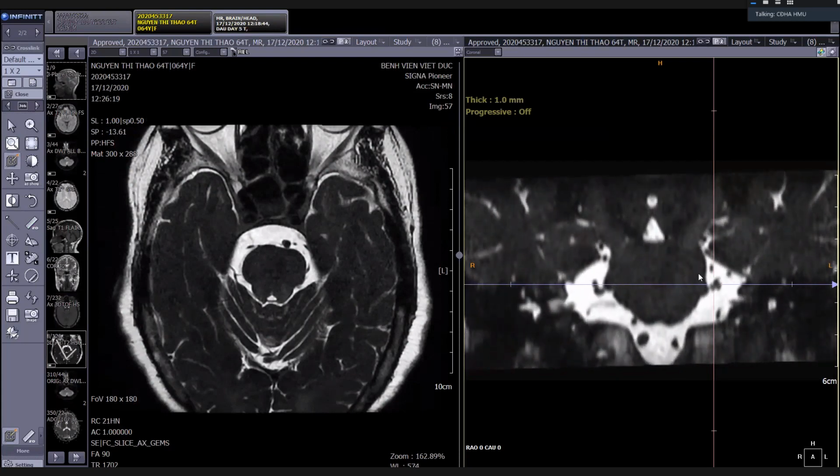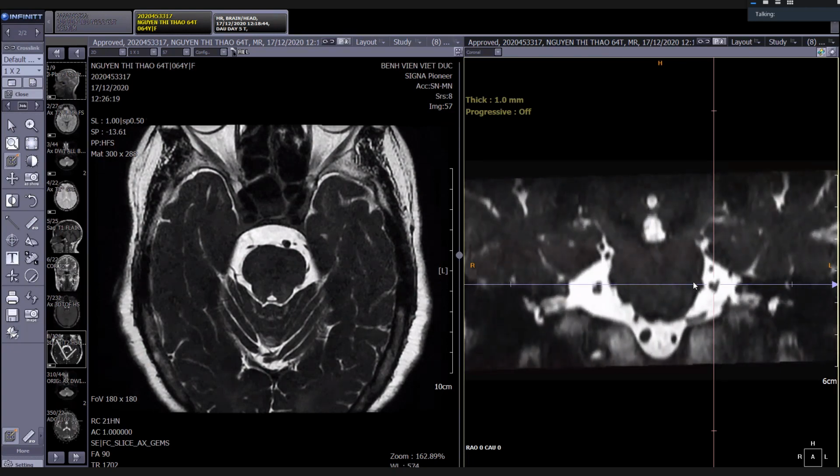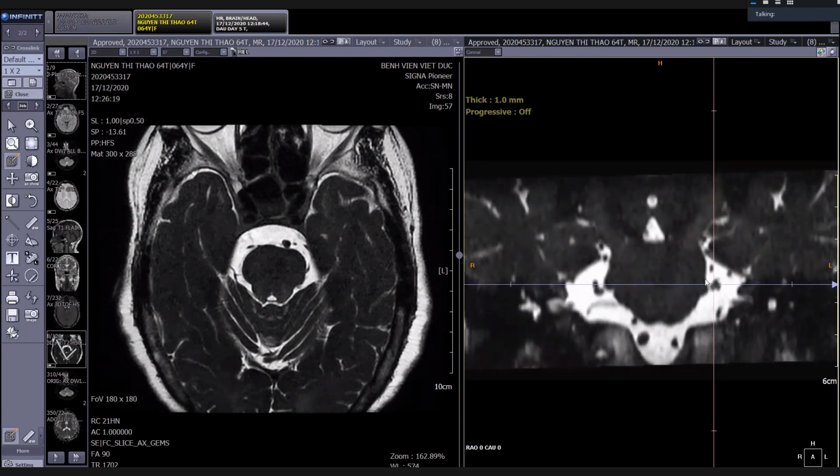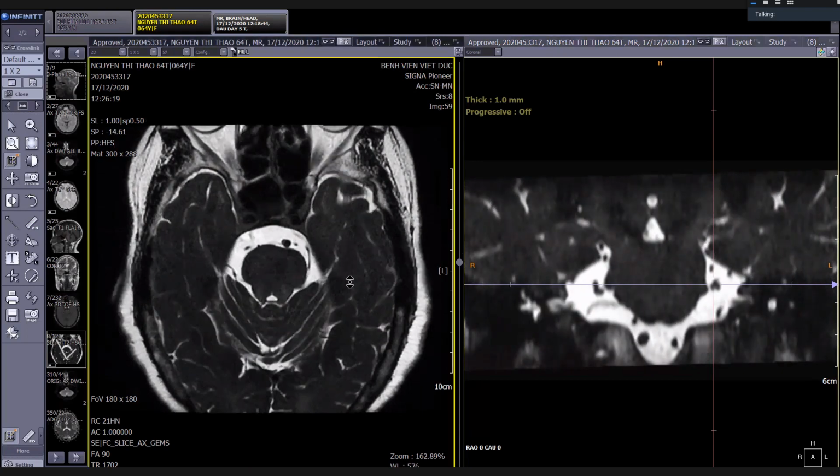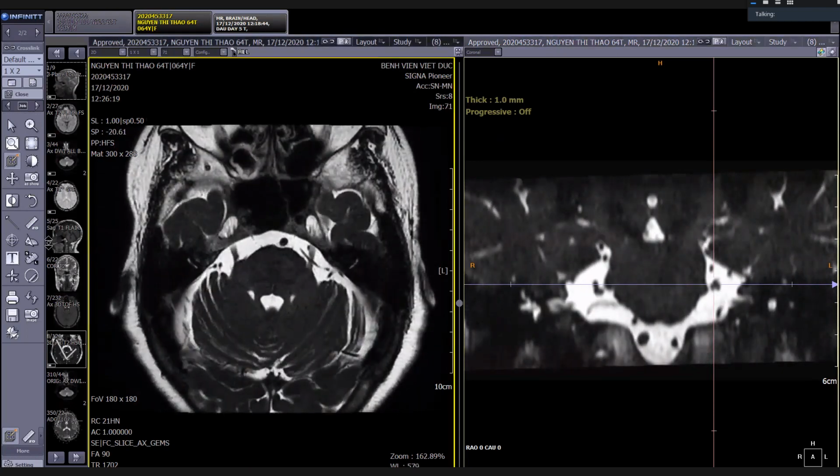Show us. Please use the arrow. Yeah, this one. Okay, so this one maybe. And how about on the coronal plane?